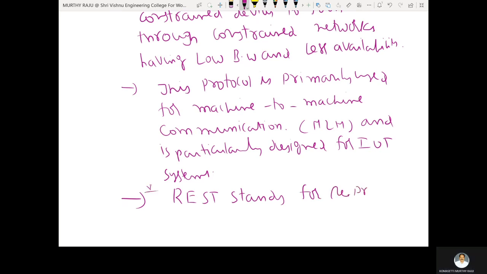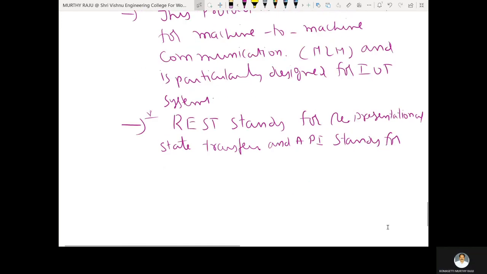API stands for application program interface.